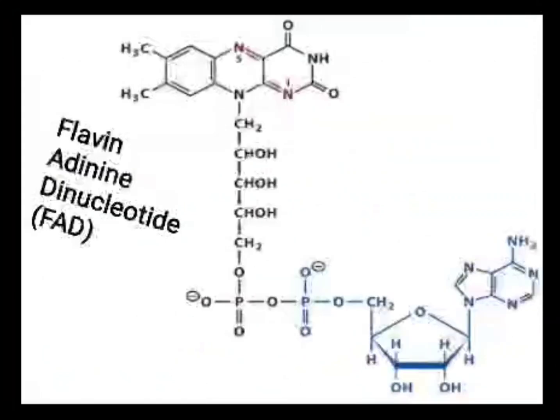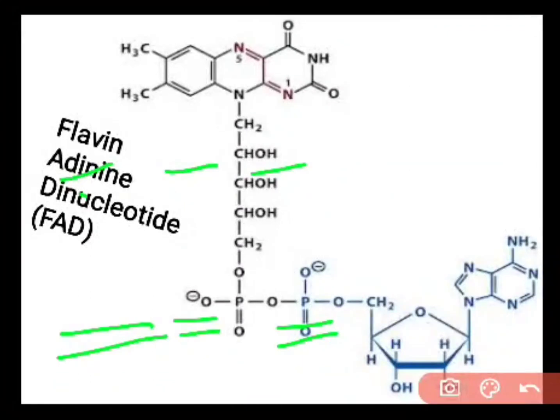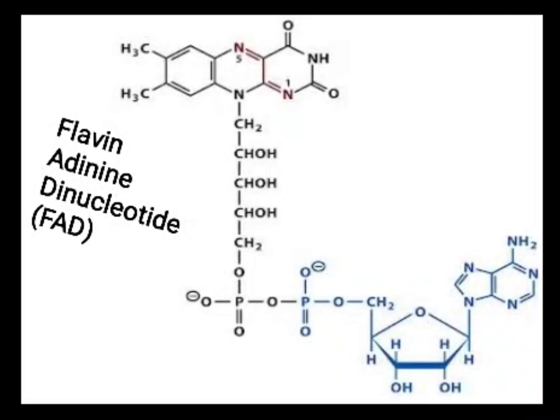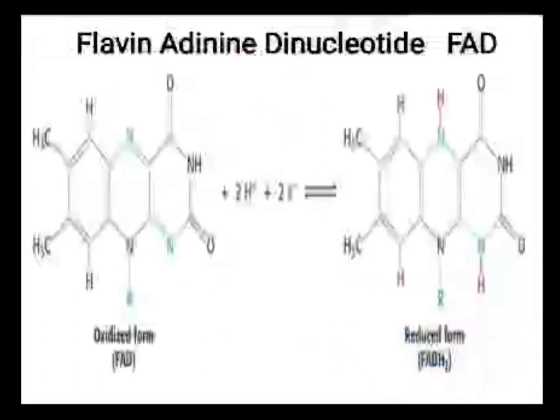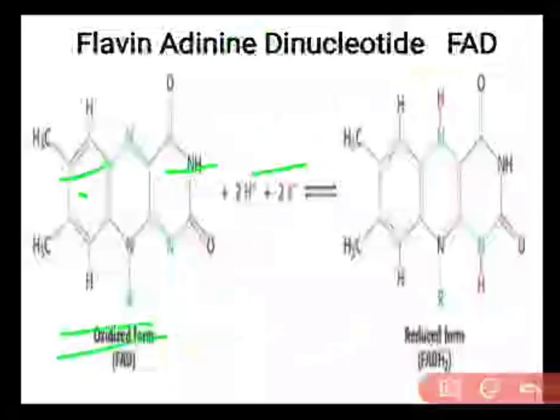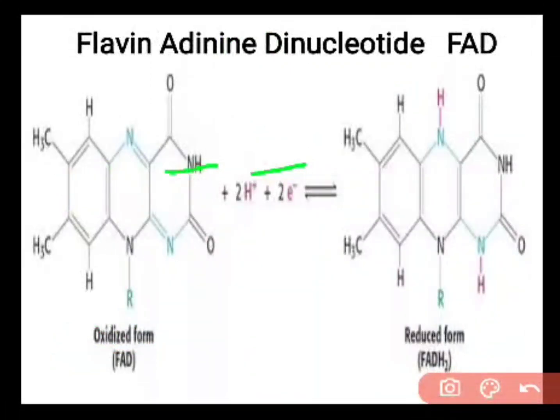This can be seen in this slide as well. The 2 nitrogens marked with red, the 2 hydrogens that will be formed by the reaction of 2 electrons and 2 protons, will be added to these 2 nitrogen atoms, as is evident from this slide. So you have 2 electrons and 2 protons.